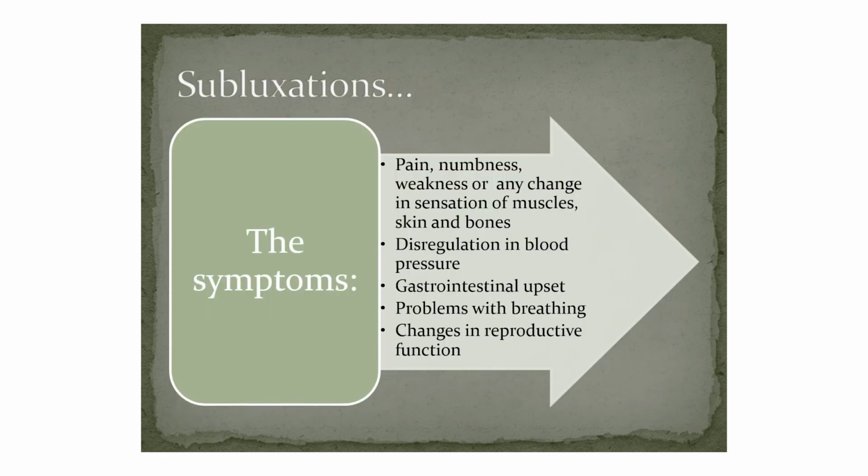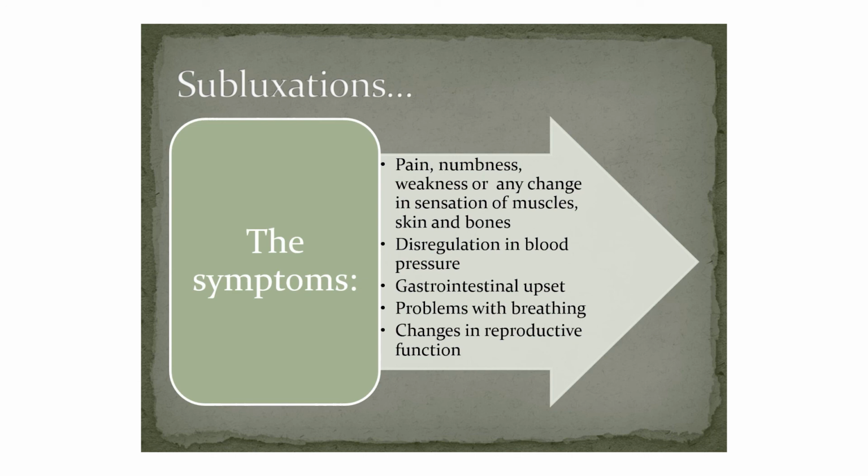So what are the symptoms that we typically notice with the subluxation? Well, the classic one is pain, numbness, possibly weakness, changes in sensation of muscle, skin, and bones. And also, because we talked about that spinal nerve carrying lots of information, it can change our autonomic or visceral response. So when we're in pain, we'll often see things like blood pressure changes.